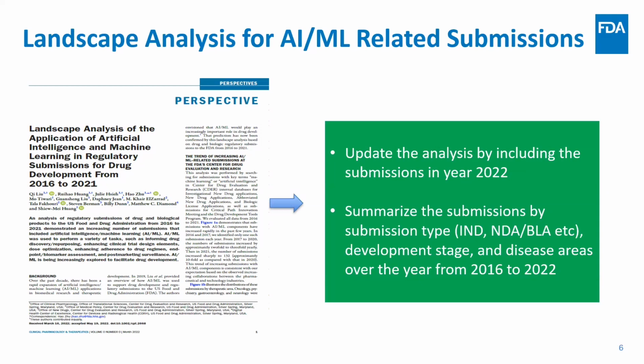We published the landscape paper two years ago, and in these slides we provide updates for 2022 and also have results for 2023. We actually have more cases. I want to clarify that the AI machine learning related cases only focus on submissions in CDER.